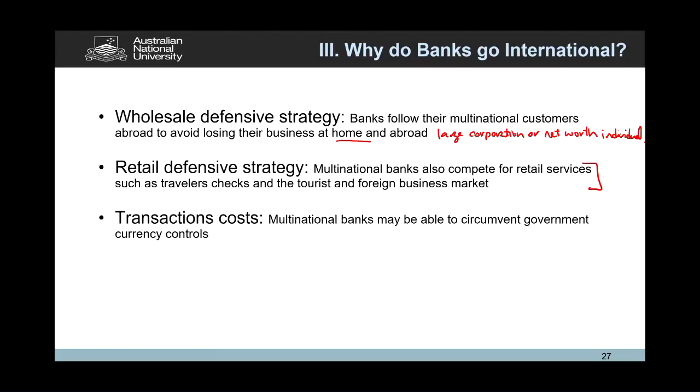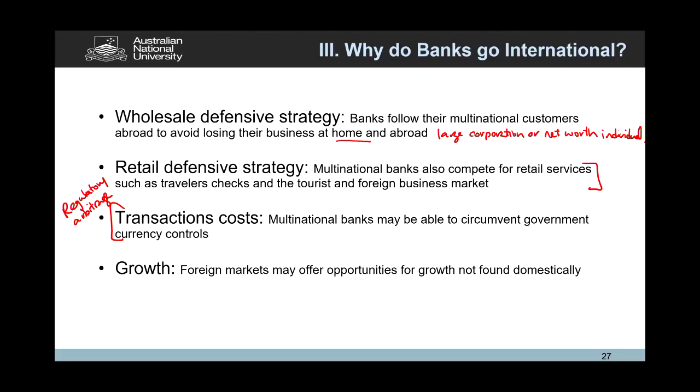And then we have transaction costs. This is what we really talked about to avoid. This goes with the regulatory arbitrage as well. They may be able to circumvent government currency controls. And then we're looking for growth opportunities.